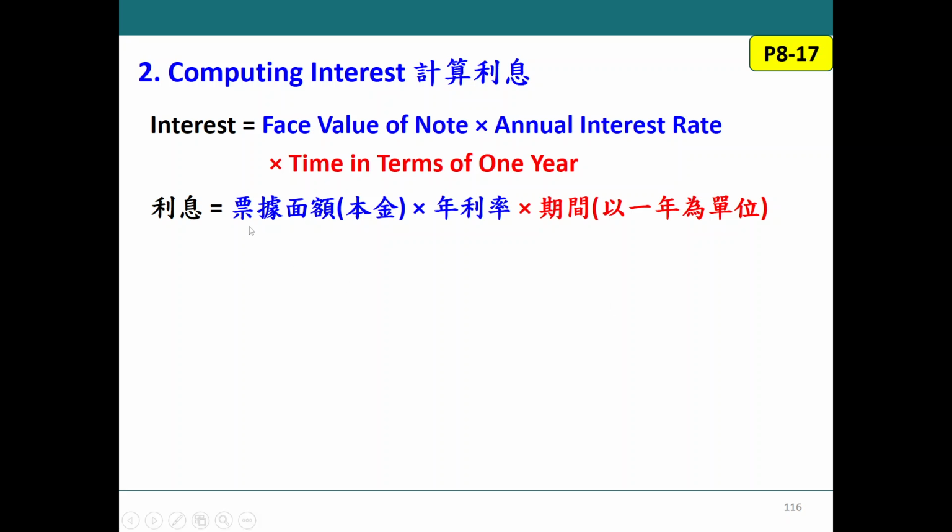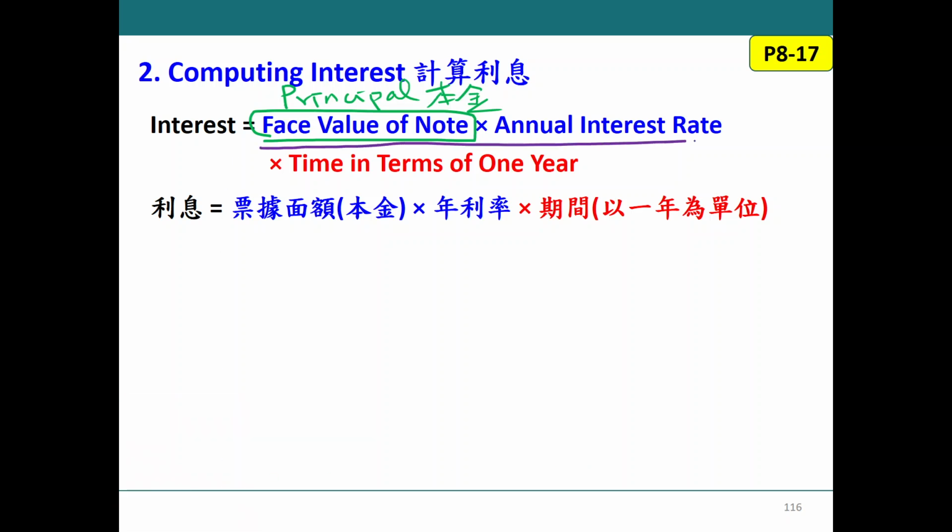So how to get your interest? The principal. Face value of the note means the principal, 本金. Times annual interest rate, you should understand, times annual interest rate, you got the interest for 1 year, okay?